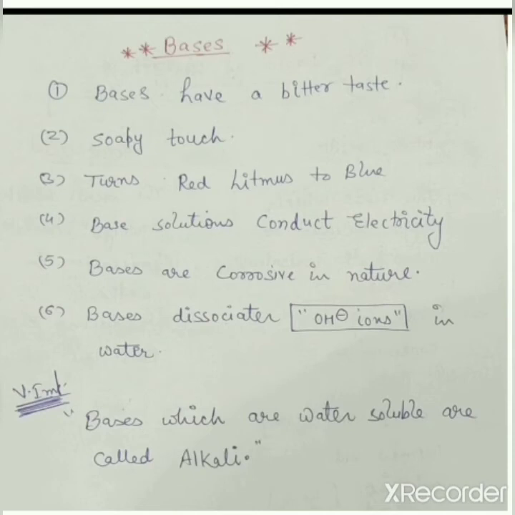We have already discussed the formula of the OH ion, a polyatomic ion, in our first class. So bases dissociate hydroxide ions in water. So these are the physical and chemical properties of bases.